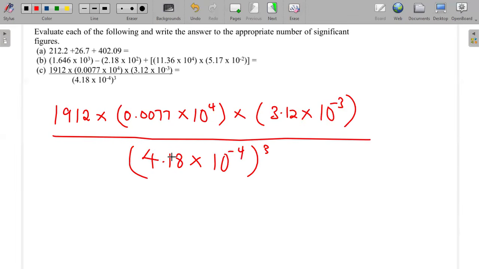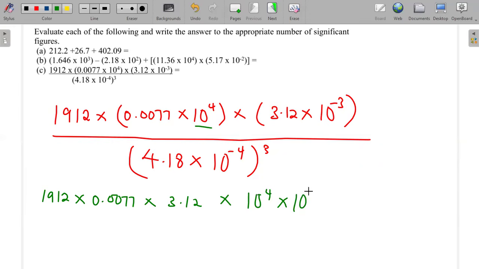We can start with the top part. On the top part, there's just multiplication, so we can change the order of the numbers. On top, I'm going to have 1912 multiplied by 0.0077 multiplied by 3.12, and then multiplied by 10 to the power 4 and 10 to the power minus 3.